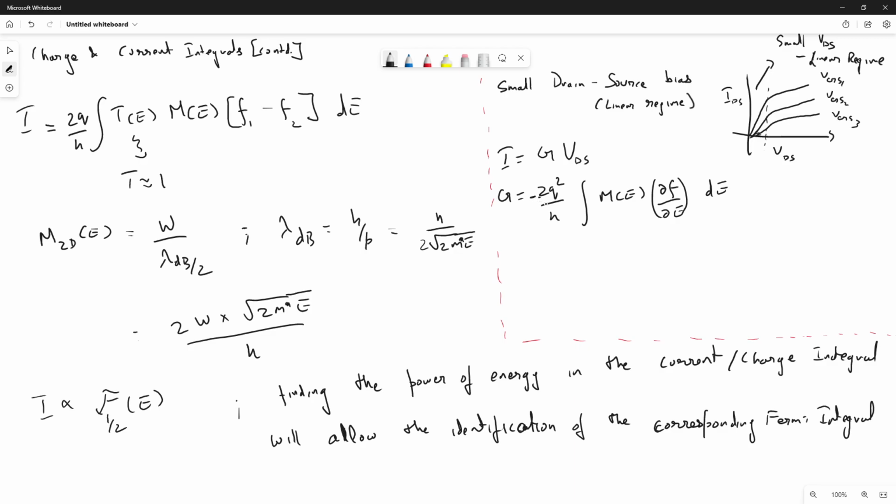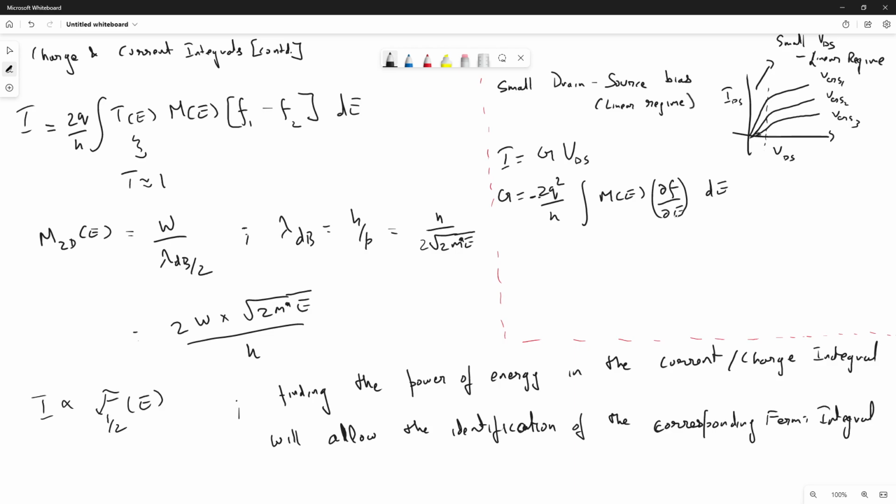Now remember what I told you before. I can essentially take the minus sign inside and write this as dou f by dou eta f. Correct? If I can write it as dou f by dou eta f, then this integral and this derivative become two independent operations. I can either take the derivative and integrate, or I can integrate and take the derivative.